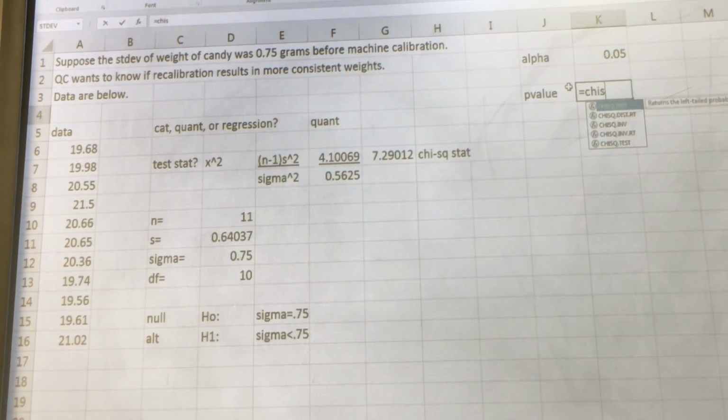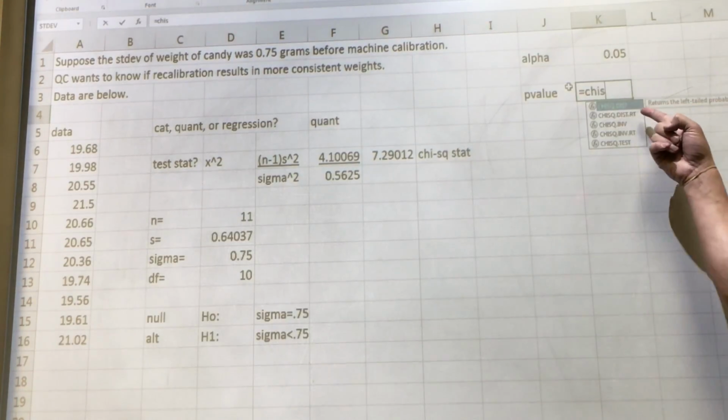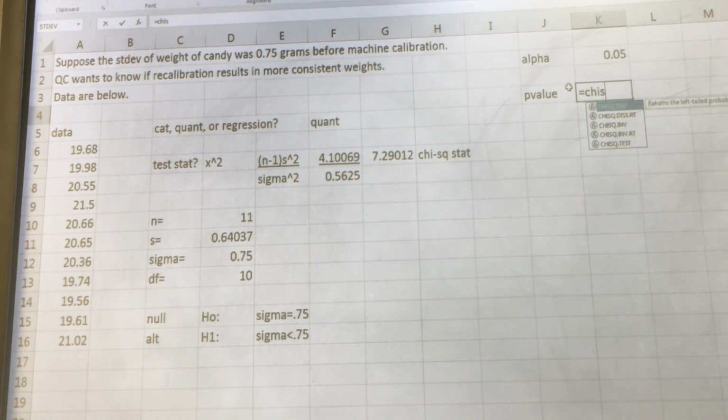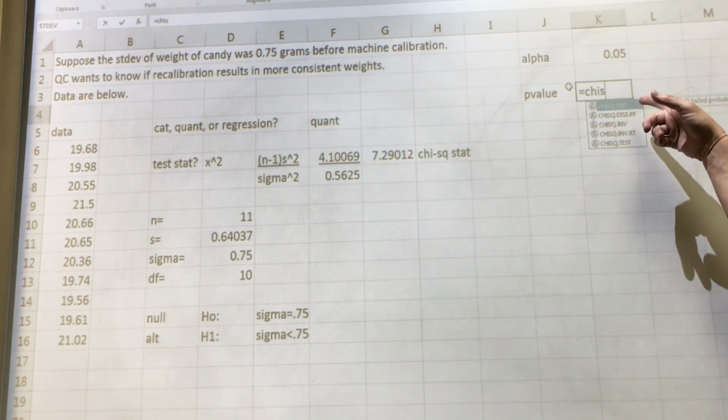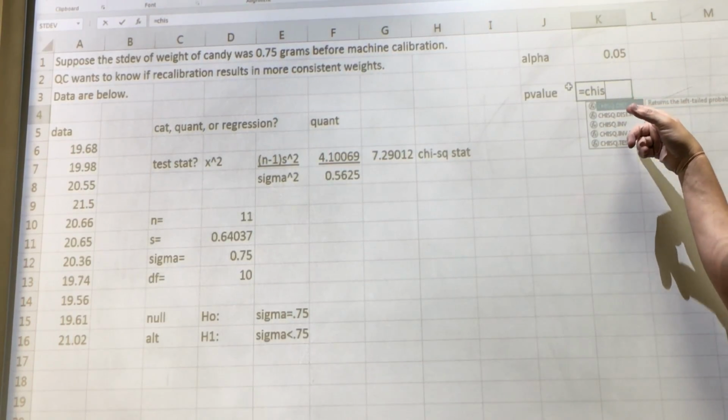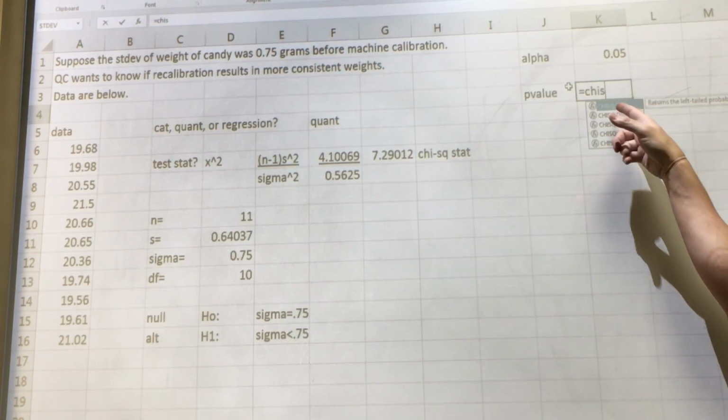What's x squared? Now this one's a lot like the t, because I can do a right-tailed test or I can do a left-tailed test. Okay? Notice there is no two-tailed test. Why do you think there is no two-tailed test? It's not symmetric. It's ugly, right? Okay? So that's why. So this one without the RT, what do you think that one is? That's a left-tailed test.